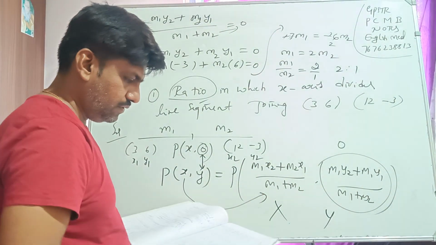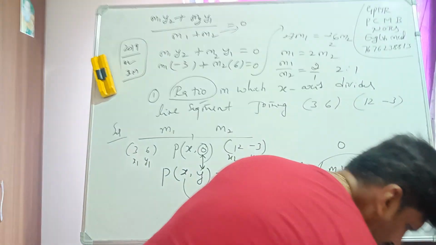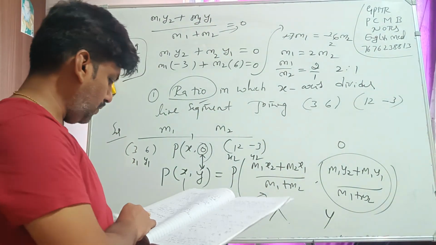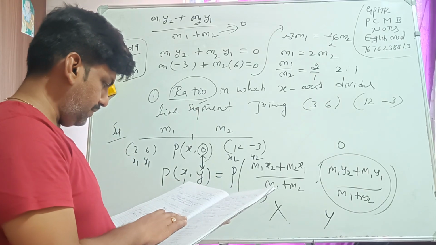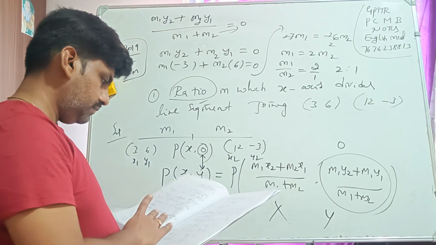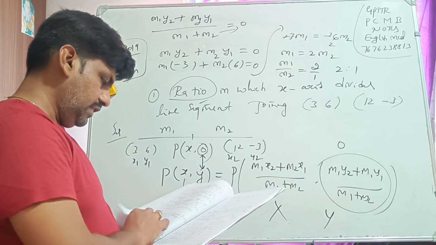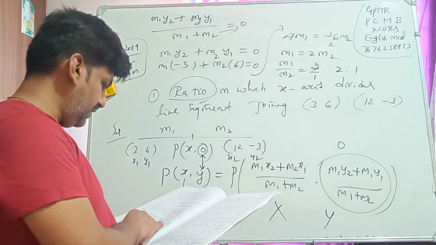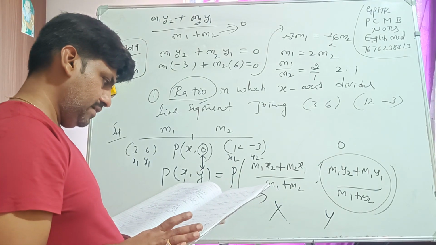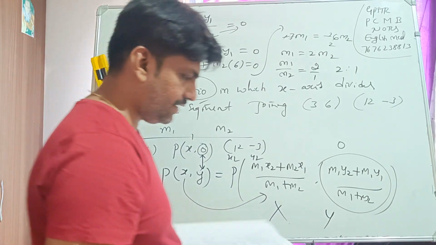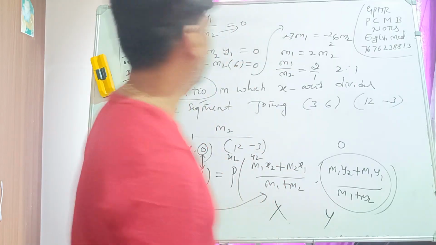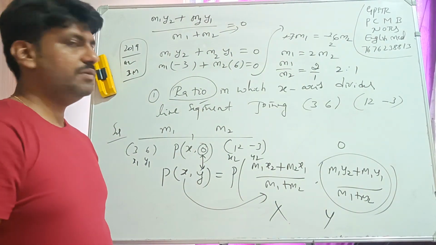So I'm just cross-checking other types of problems, how they will appear in the main exam. They may give you any type of problem in coordinate geometry, right? So go through all types of problems so that you will understand in a better way. Okay. So we'll see in the next video. Thank you.